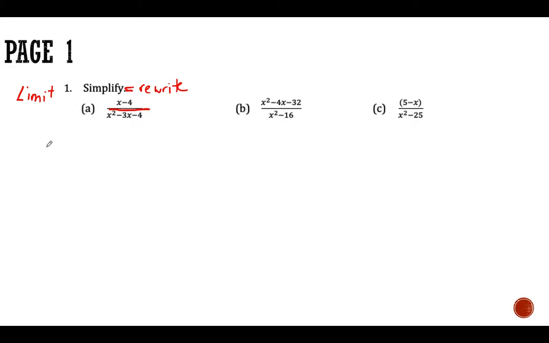Here's a fraction. What if I gave you a fraction like 10 over 15? There's nothing wrong with 10 over 15. It's a perfectly nice fraction. But in reality, if somebody asks you to simplify, you are factoring the numerator and you are factoring the denominator.